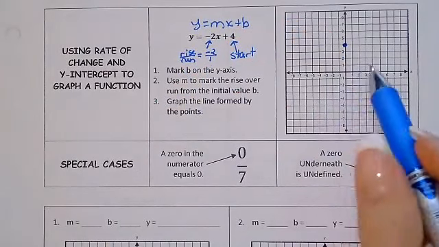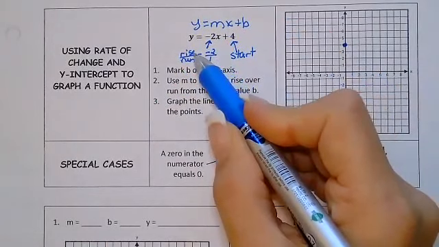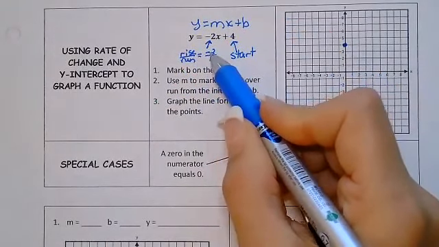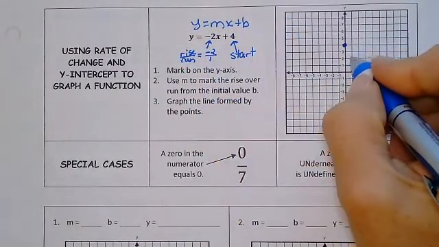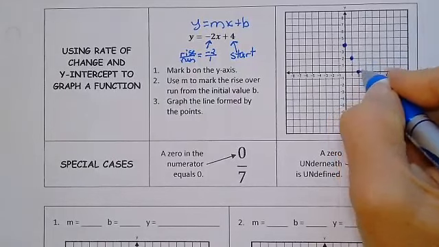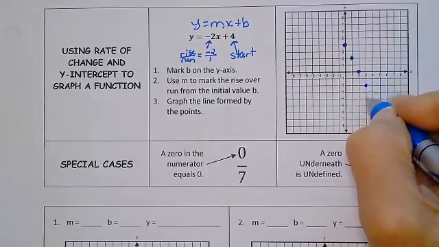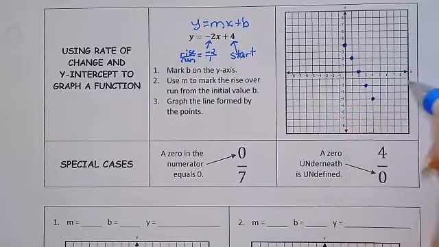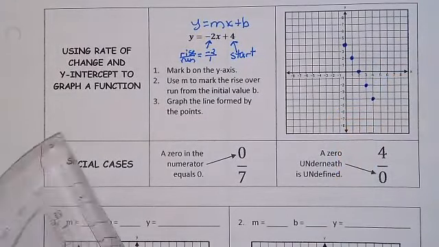So from here, I'm going to go -2, 1. It's not a rise if it's a -2, it's a sink. So I'm going to go down 2, right 1, down 2, right 1, down 2, right 1, and so forth until I have several points plotted. The more points, the more accurate the graph.